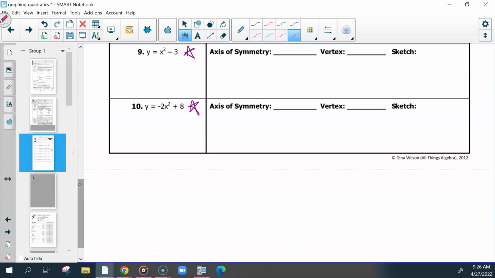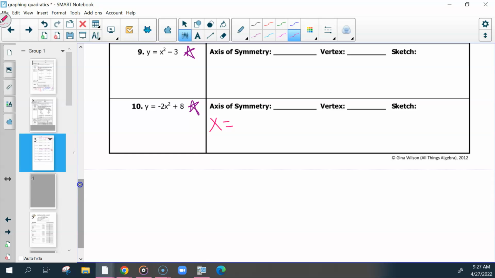For number 10, how would we set our axis of symmetry? What is our b value? It is 0.